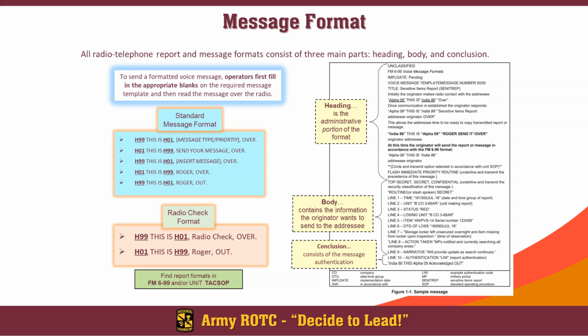So even our radio reports should still have your heading, which is the administrative portion of whatever format you're using, the body, which is going to contain the information that the sender really wants the addressee or the receiver to know, and then the conclusion has the message authentication or that ending of out, right? It should end with out because that means there's no more acknowledgement or talking needed.